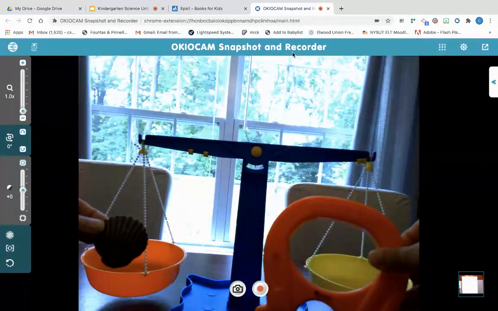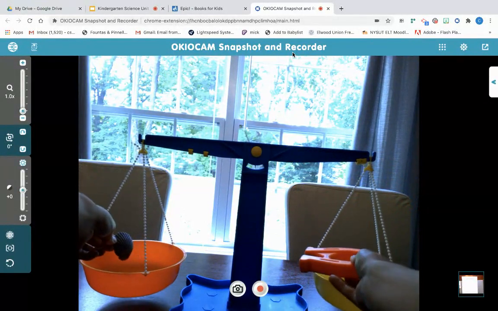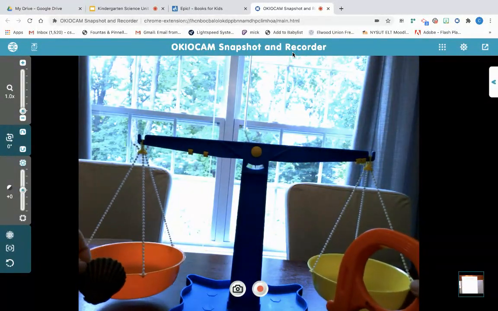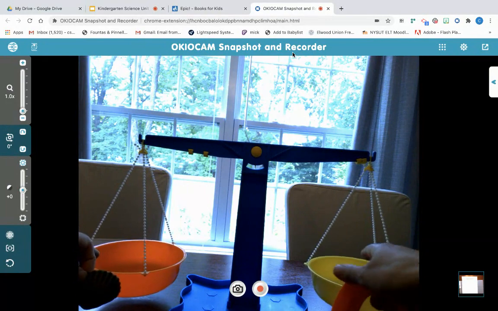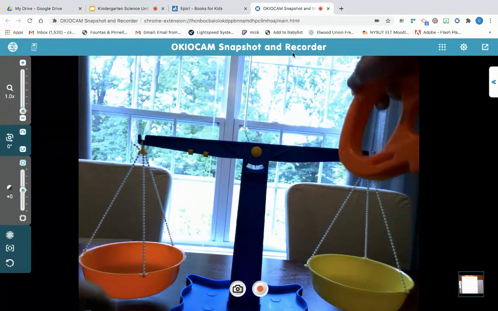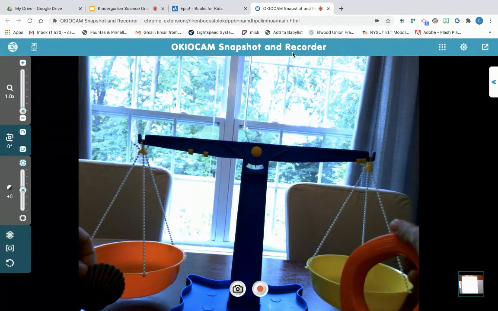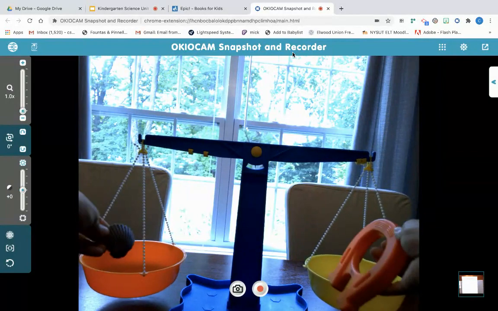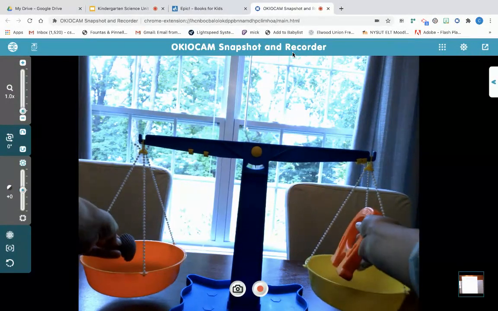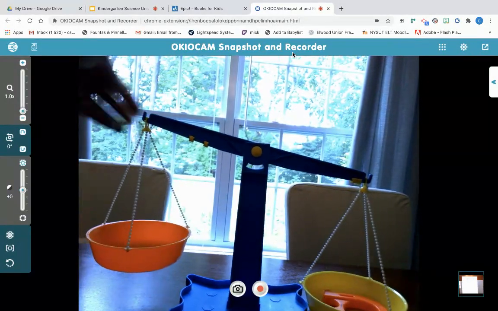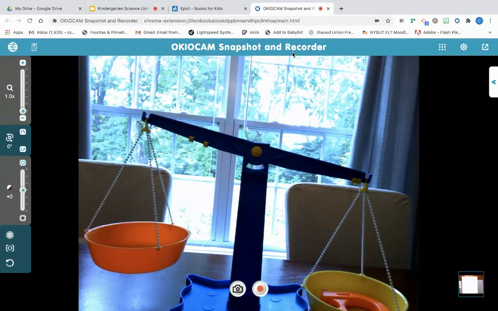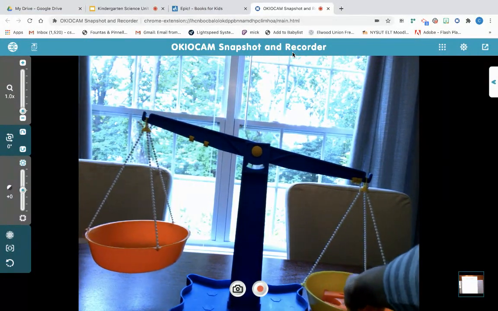Okay, let's find out. Now, if it's heavier, do you think that it will drop down or raise up the side that's heavier? Yeah, it will drop down if it's heavier. Gravity will pull it down. So let's see. Oh, the magnet is heavier than the shell.